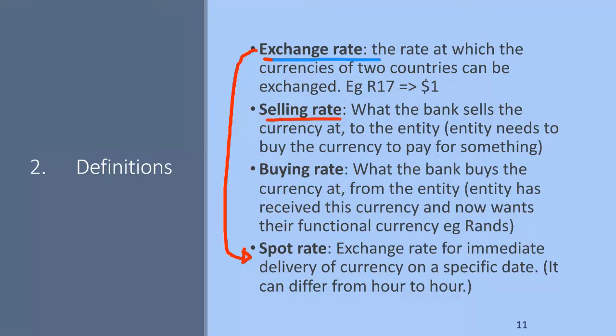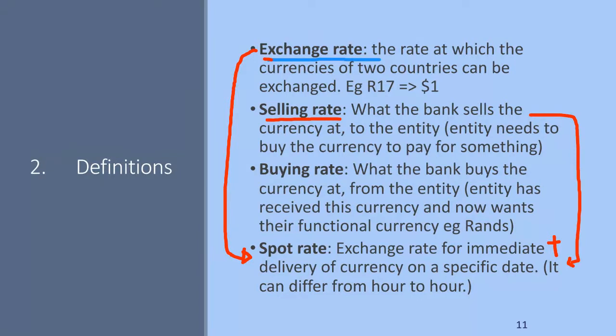So when they're selling to you, that means you give them rands and they give you, let's say, dollars. They will sell it to you at a rate that is higher than the spot rate. So it's the spot rate plus something that gives you the selling rate. Why are they selling it to you higher than the spot rate? Because they want to make a profit.